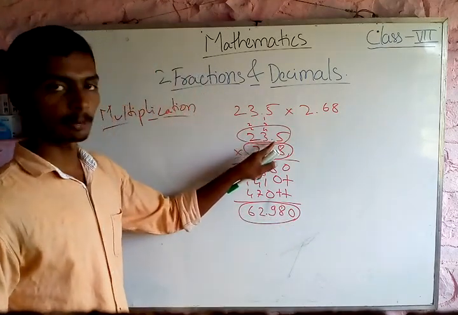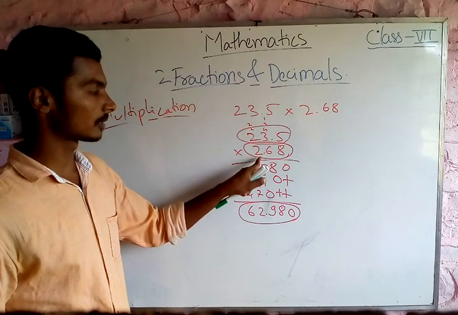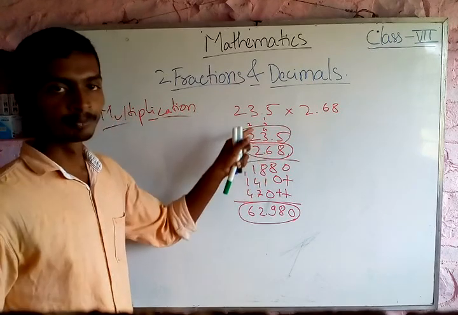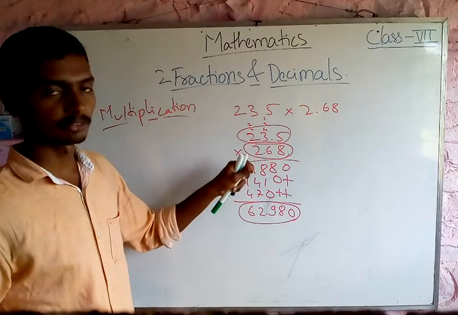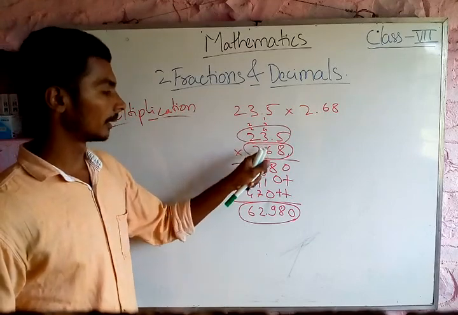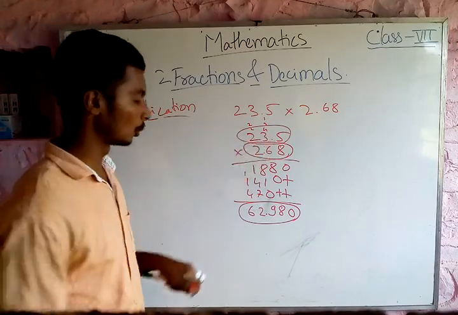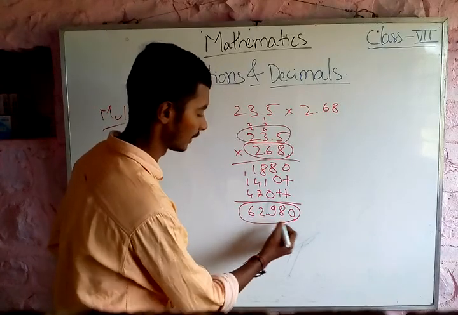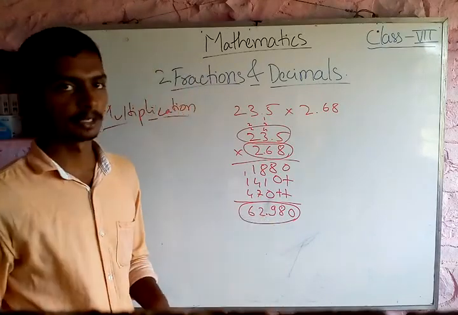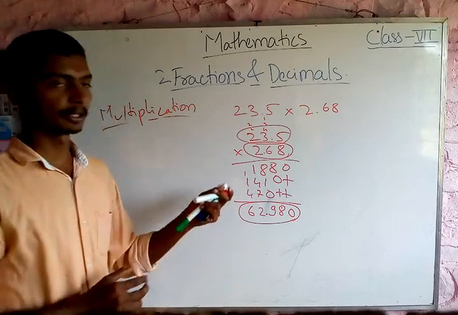This number has a decimal point before 1 digit. This number has a decimal point before 2 digits, and the product will have the decimal point in the place 1 plus 2, so 3: before 3 digits we have a decimal point. Okay, this is how multiplication is done.